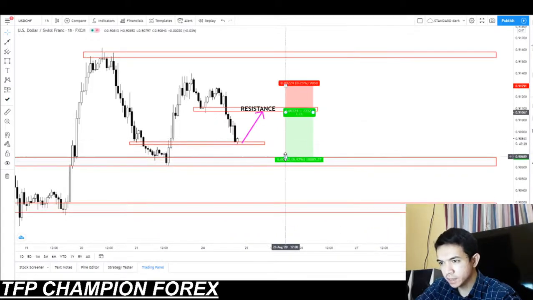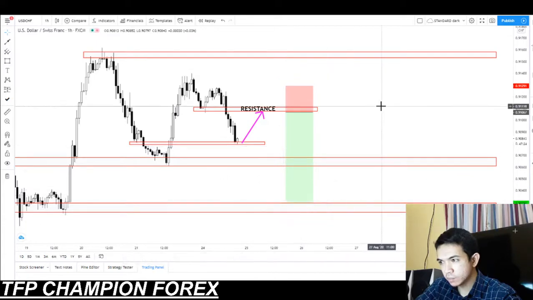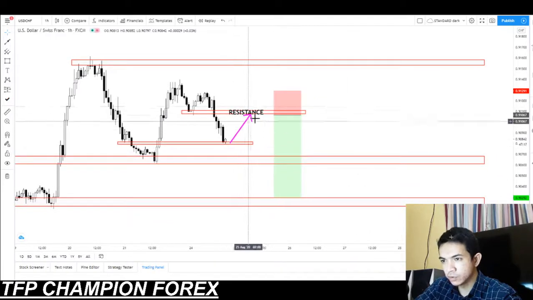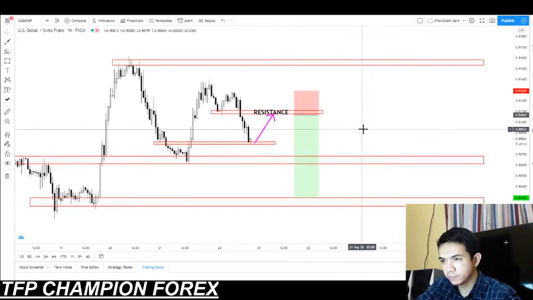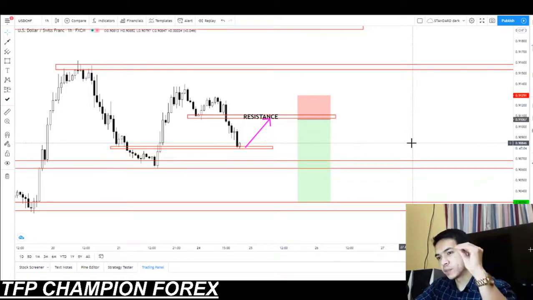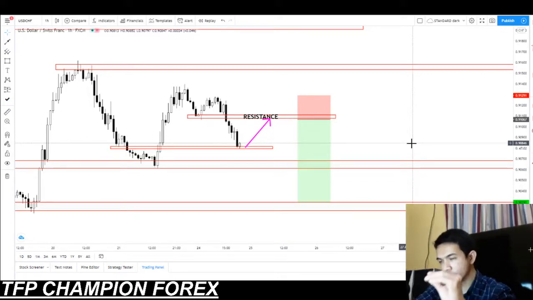However, I can set my longer, higher time frame target until here, depending on the price action from here going to this support level. All right. So again, I will not take the trade blindly as long as I don't see any price action that confirms my bias, if it is a sell or if it is a buy.